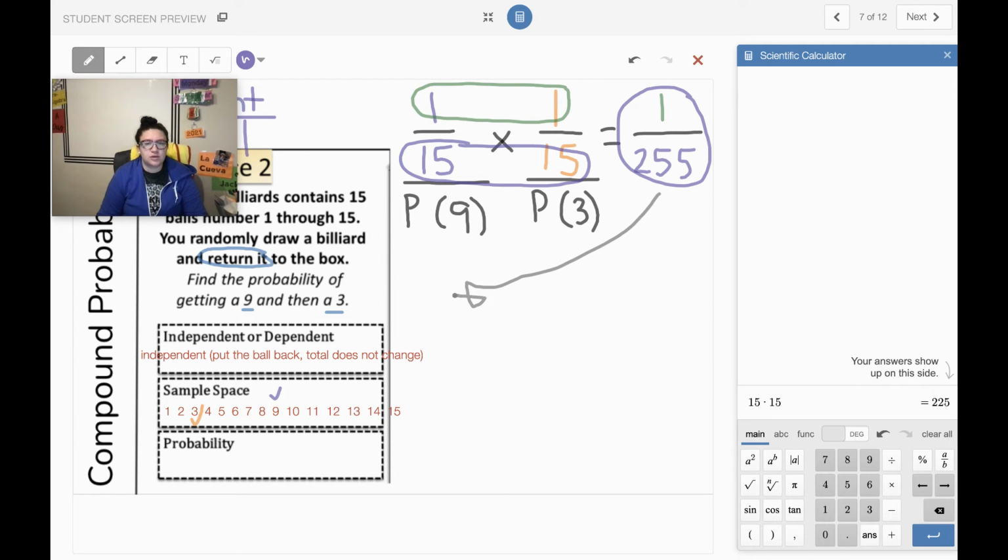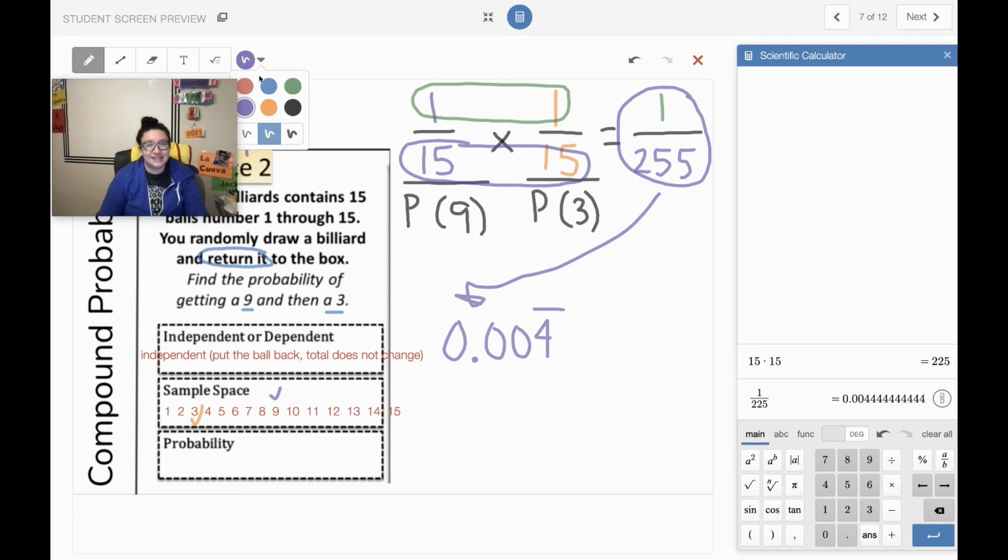Let's turn that into a decimal. How do I turn that fraction into a decimal again? Divide it. So 1 divided by 225. Oh my goodness, 0.004 repeating. It's kind of an ugly number. How would I turn that ugly number into a percent?